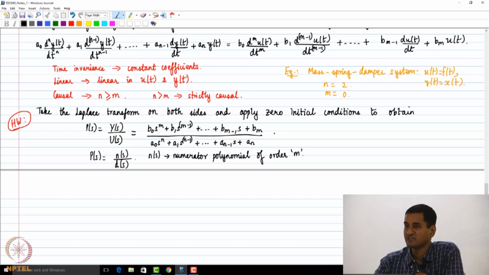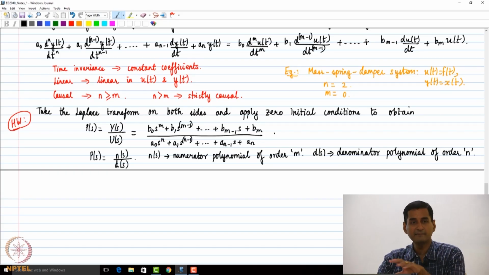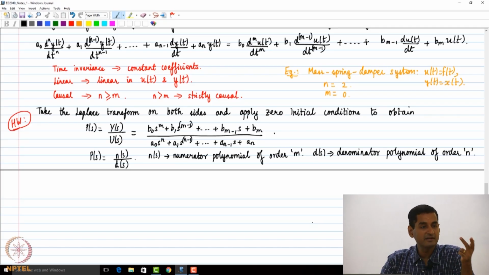Of order m, because the highest power is the s power m term. Similarly, d of s is the denominator polynomial and that is of order n. So we see that the plant transfer function in general is going to be a ratio of two polynomials in s, a numerator polynomial and a denominator polynomial.